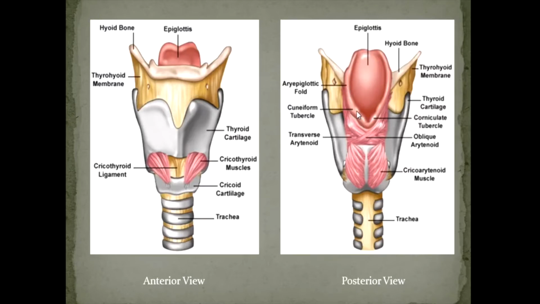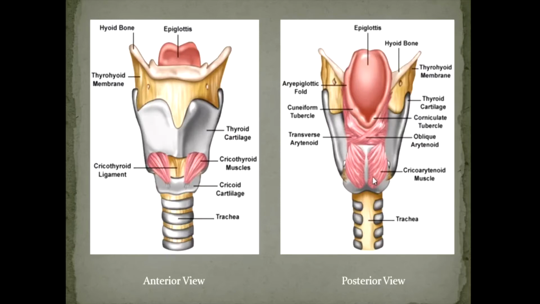And you have your cuneiform tubercle, which is the most superior and anterior tubercle, and then inferior and sort of posterior to that is your corniculate tubercle, both of which are composed of the arytenoid cartilage. If you look at it from this anterior view, you should see your thyroid cartilage, and then depending on how far along the cancer has progressed, you may also receive a thyroid gland with it, and so you would expect that to be here, of course.